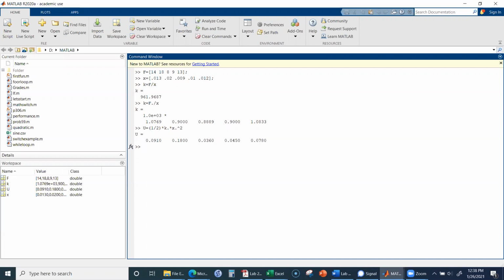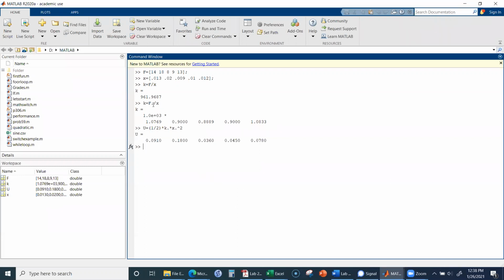Is it clear? Excuse me, may I ask? Yes. Why didn't we put the dot when we were finding k? Say again, I didn't understand. The formula for k is f divided by x, and we put dot only after f, but not after x.